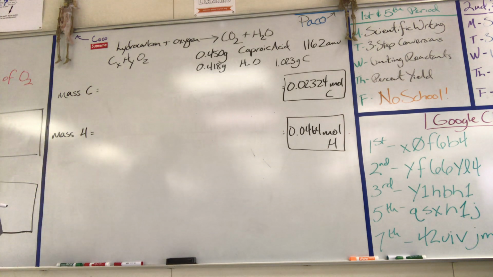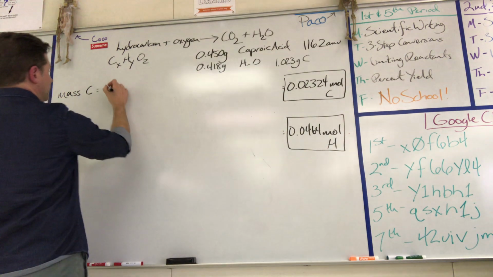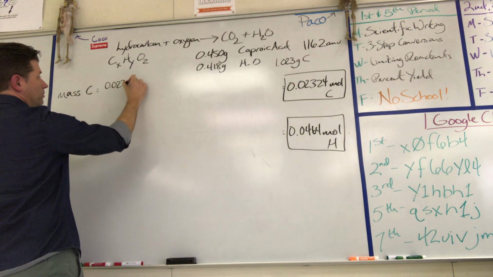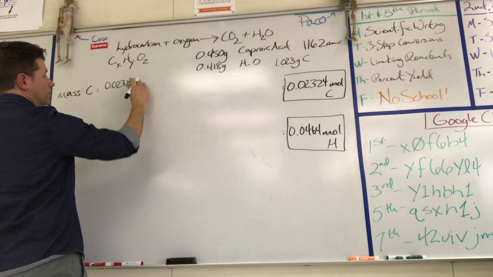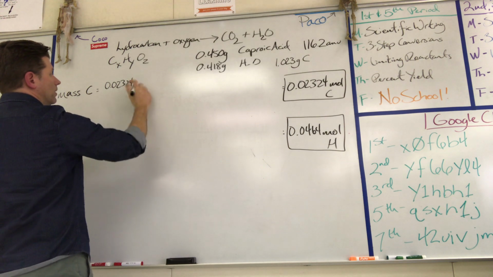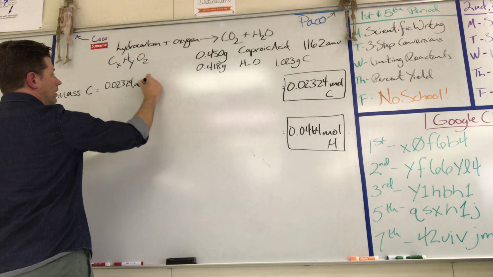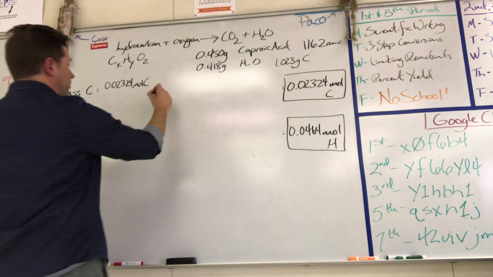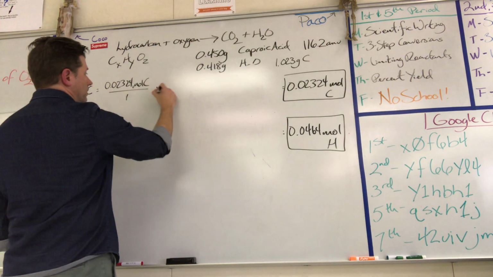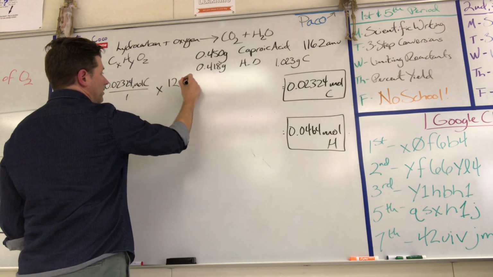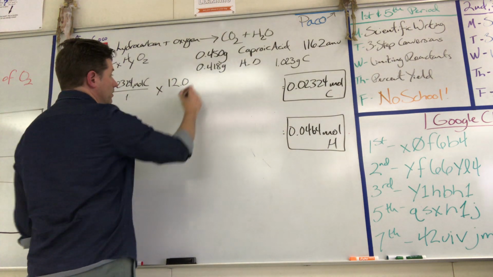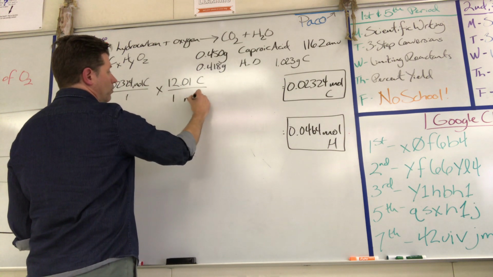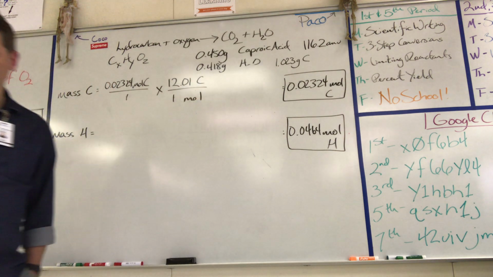So what I'm going to do is take that number, 0.02324 grams, or excuse me, moles of carbon, and then I'm going to multiply it by the atomic mass of carbon per 1 mole. Okay?